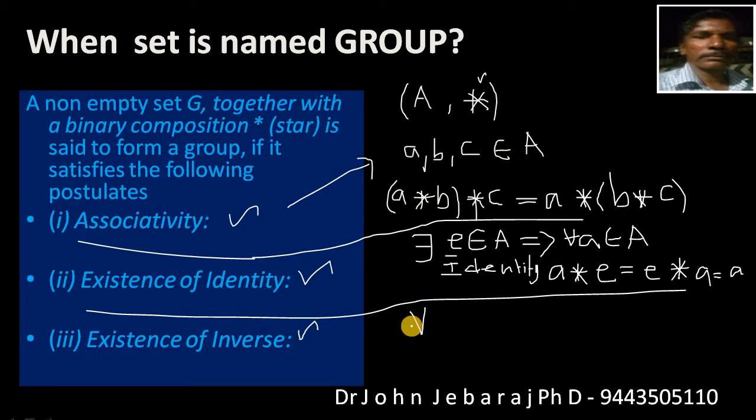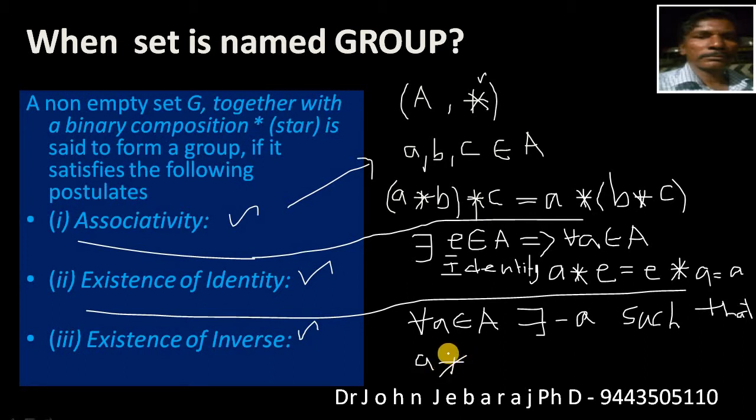For all A belonging to the set A, there should exist a single element, minus A, such that, and that is very important, if this element is operated on this element with respect to this binary operation, you should have the identity element. That is, when A is operated with its inverse by the binary operation, you should have the identity element.